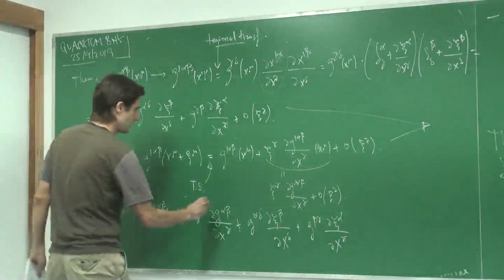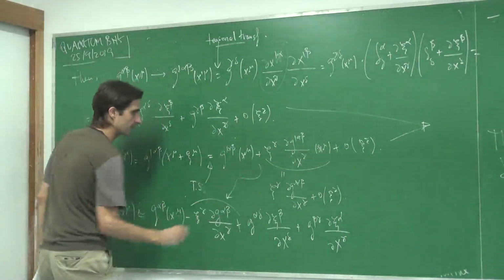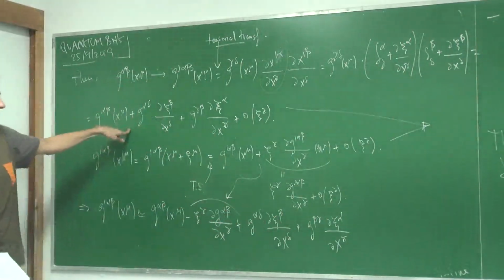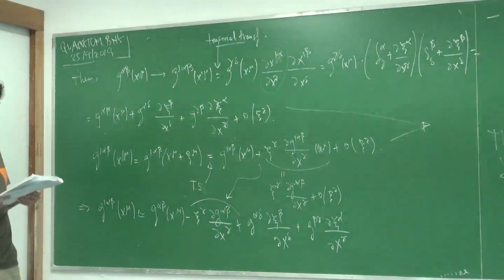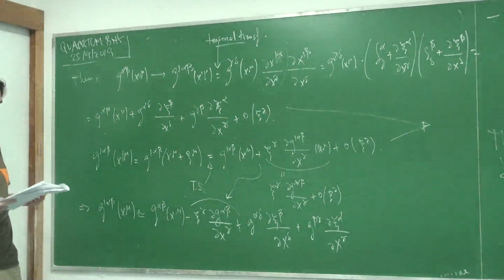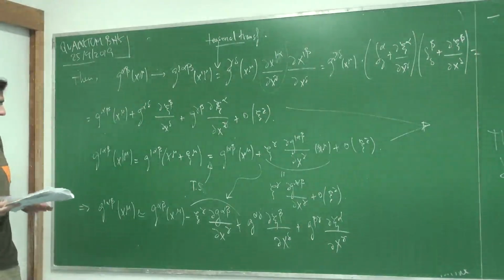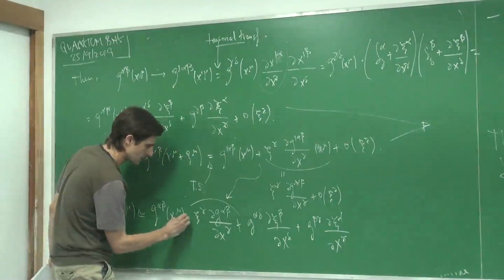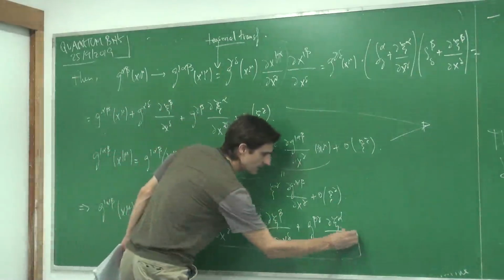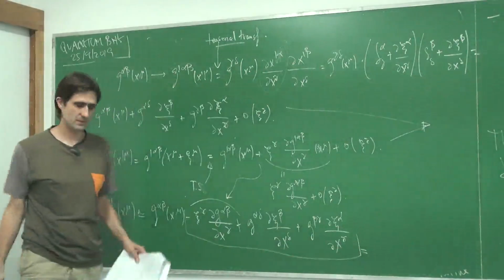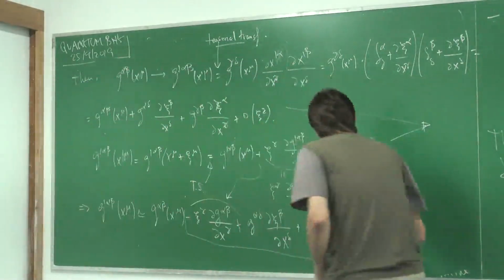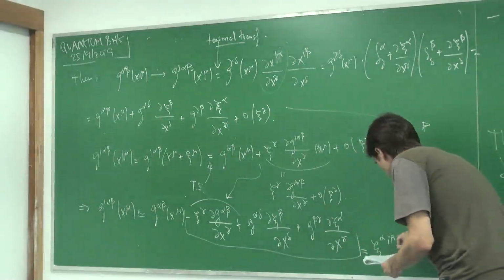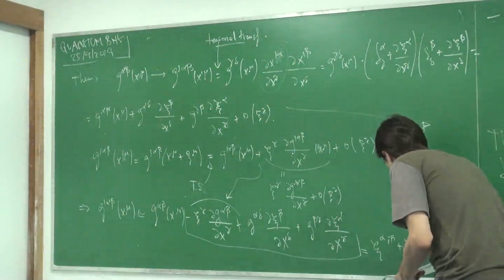So this guy comes from here, and these two terms are the ones that you had originally up here. You can show that all these xi-dependent terms can be written in terms of partial derivatives, or covariant derivatives, like this.